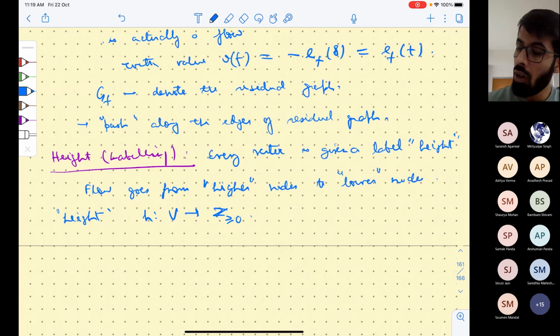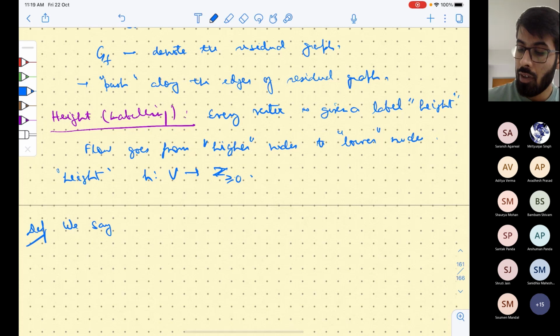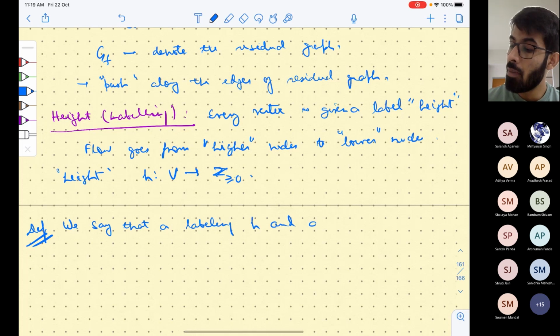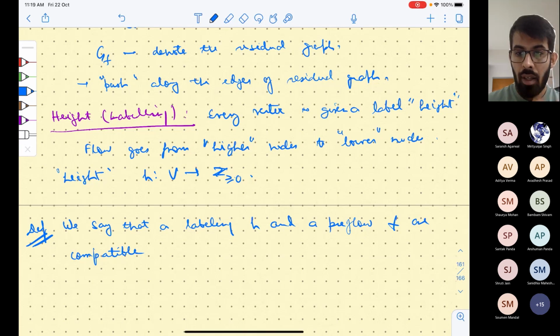And now we want to relate this height with the preflow, okay? So we say that a labeling h and a preflow f are compatible if the following two things happen.